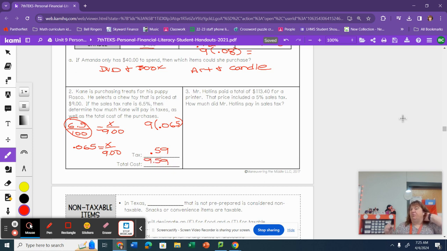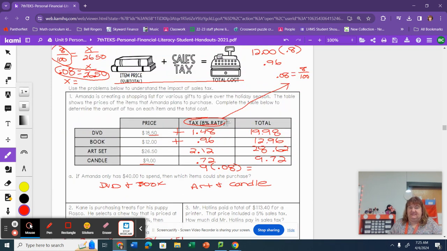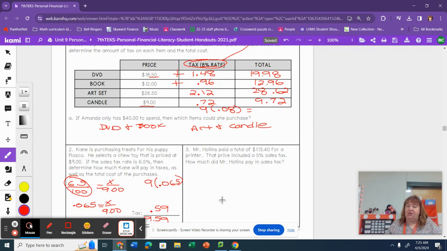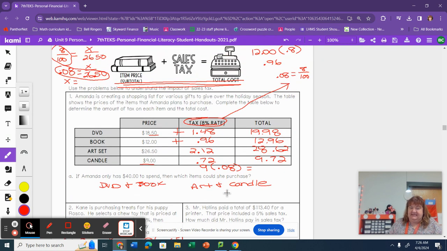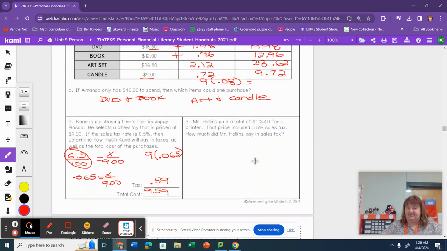Okay. Now, the reason why I show it to you that way is this next problem, we actually have to go up here and use this formula. We have to use this formula, okay? Because we know he paid a total. So here's his total. So remember, the formula up here is the item price plus the sales tax.